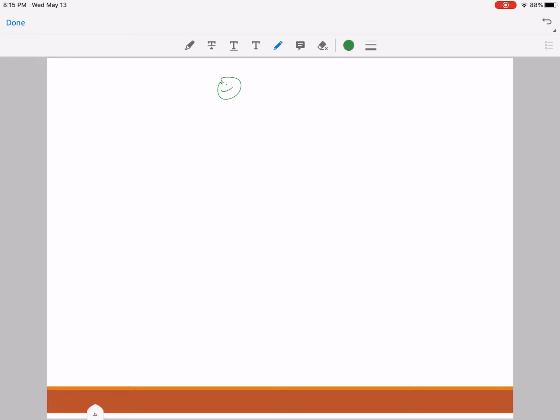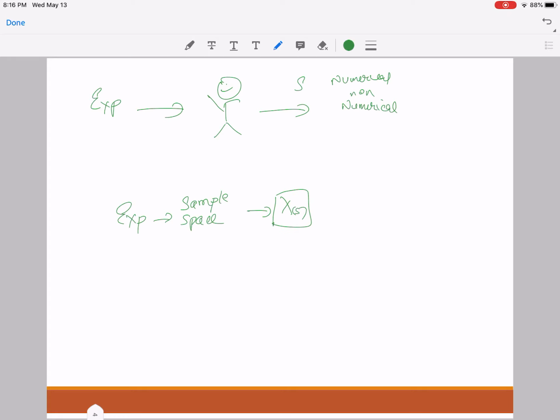Whereas if we want to perform our analysis on computers, which engineers and scientists usually do for large experiments, we are going to transform the outcomes of the sample space from an experiment to numbers using a function called a random variable, and then generate numbers from these experiments which are going to be random in nature. So that's what random variables are all about.